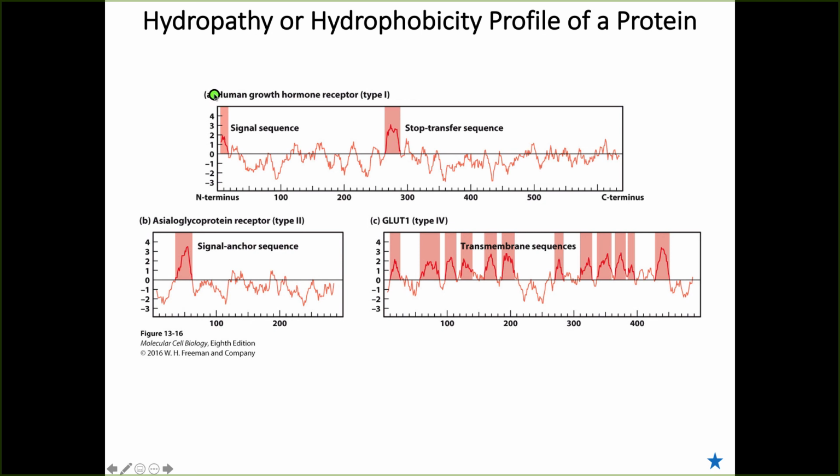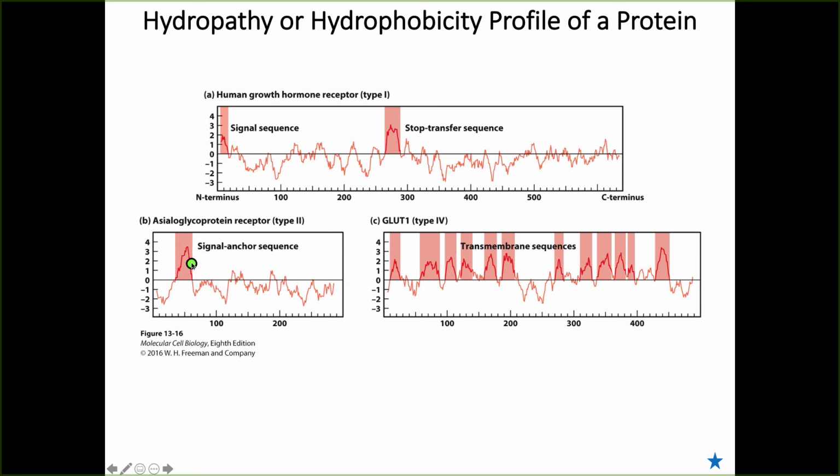And you can easily see you have a hydrophobic sequence here, and the top portion is hydrophobic. Below, the negative portion is hydrophilic. So all the portions in the hydrophilic section should be either on the cytosolic or the luminal side, whereas the hydrophobic portions are the membrane or signal sequences which can be cleaved off. Here you can see that this is a stop transfer sequence. It is inserted into the translocon, diffuses into the membrane, and becomes the membrane spanning part, completely hydrophobic.